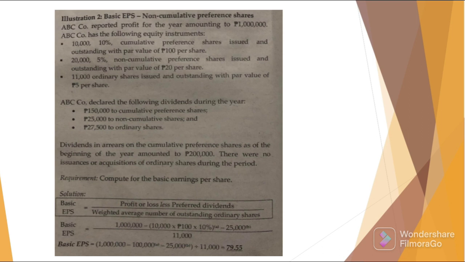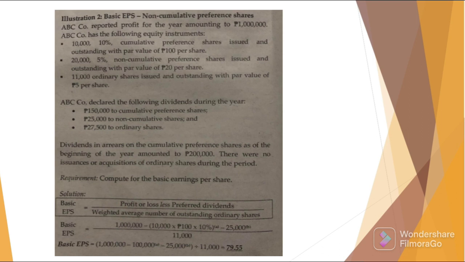So, to simplify it, 1 million profit minus parenthesis 10,000 times 100 pesos per share times 10% minus 25,000 divided by 11,000 na weighted average number of outstanding share is equals to 79.55. That would be the basic earnings per share.